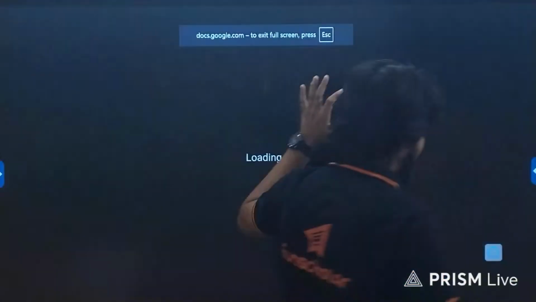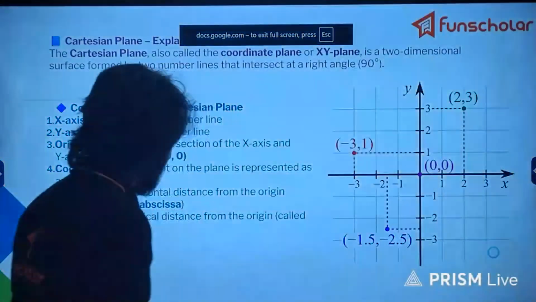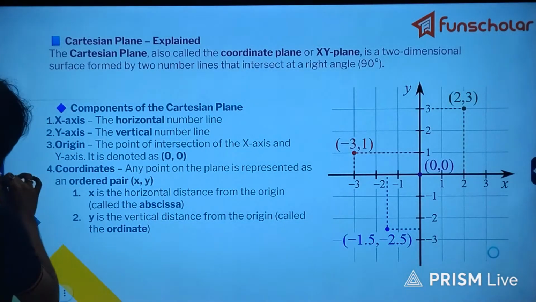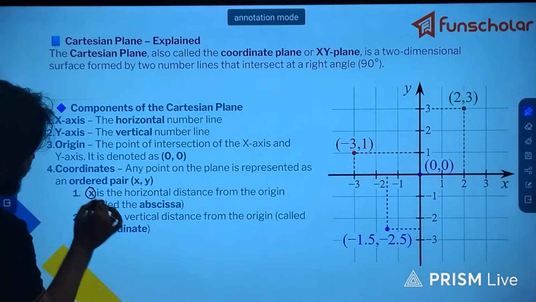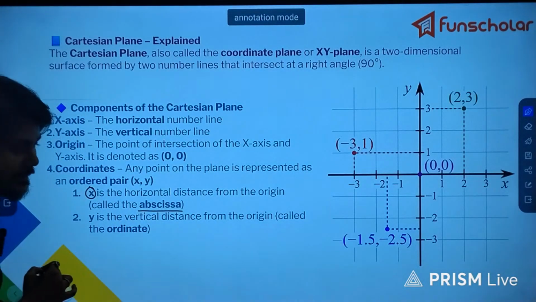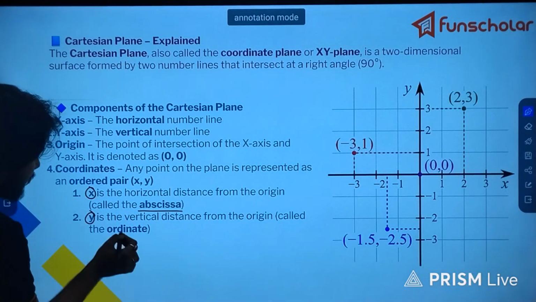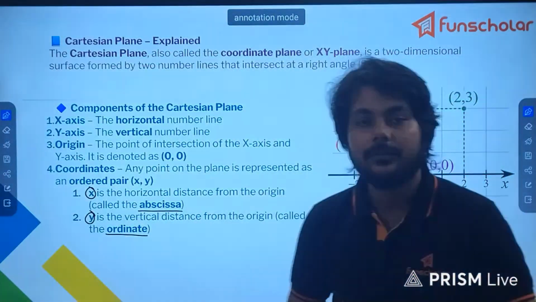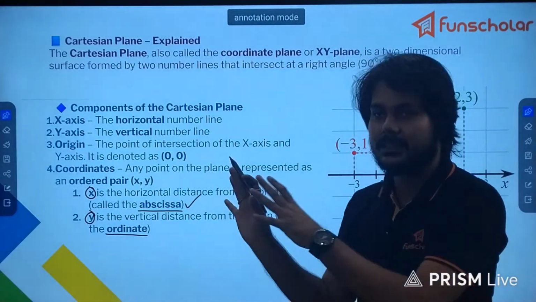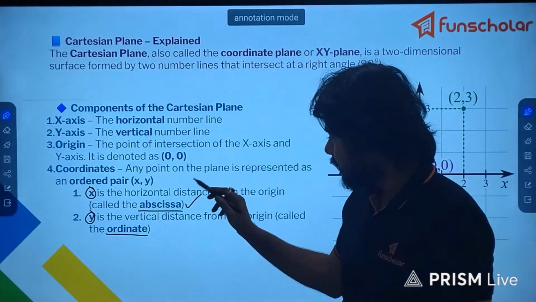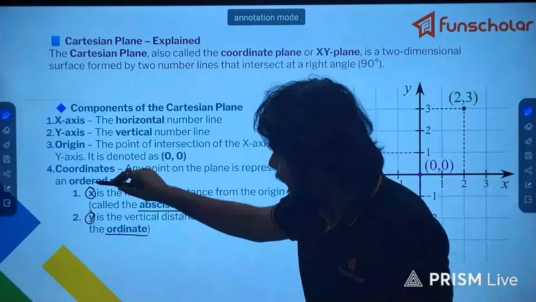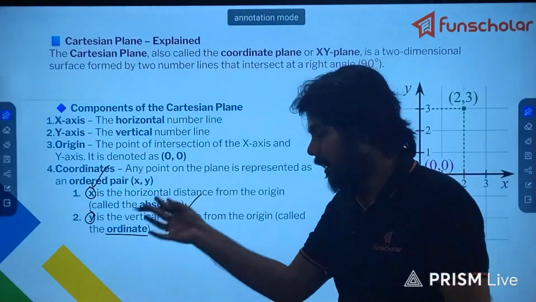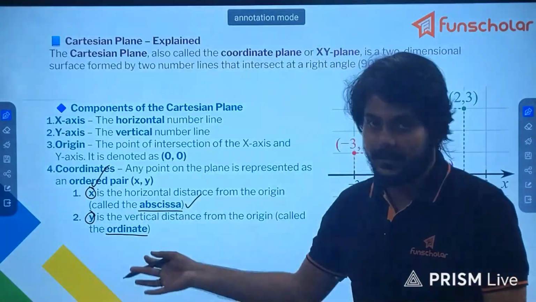One more thing: the x coordinate is also called the abscissa, and the y coordinate is also called the ordinate. Whenever you find abscissa written somewhere, remember the x coordinate is called the abscissa and the y coordinate is called the ordinate.